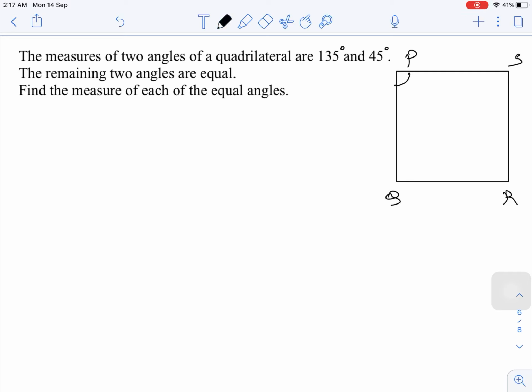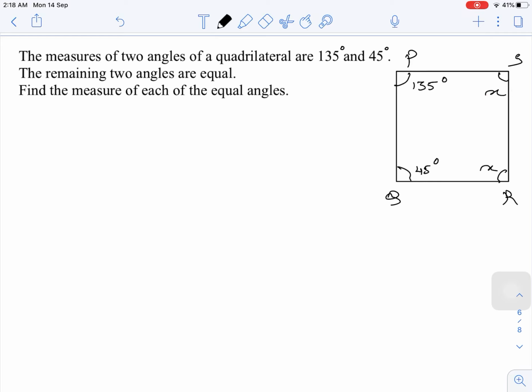Let us consider that this angle is 135 degrees and this angle is 45 degrees. Now the remaining two angles are equal, so if one of the angles is x, the next angle will also be x, because both angles are equal.